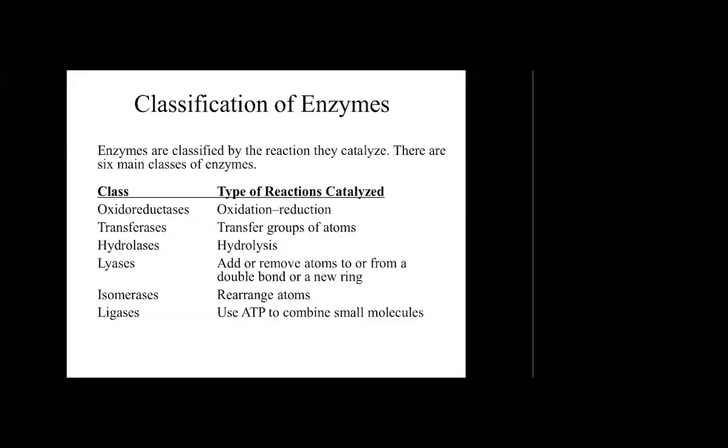Now, it is very important to note that because these enzymes are going to be involved in catalysis, in other words, behaving as a catalyst in a reaction, there is a specific classification for the types of enzymes based on the reactions that they actually catalyze. And there are 6 main classes, okay?